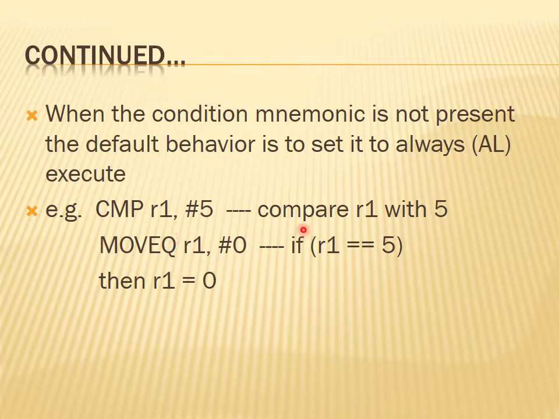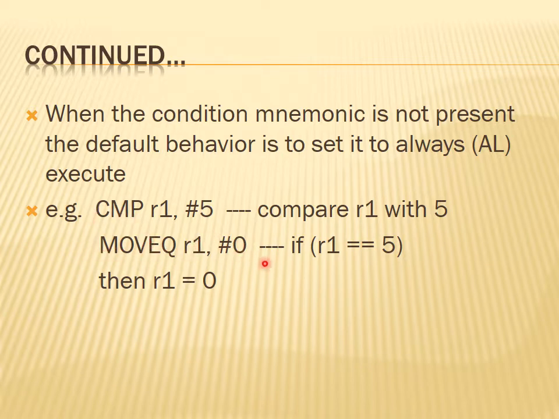First of all, the contents of R1 will be compared with the number 5. If the R1 contents are equal to 5, if both are matching, then and only then this instruction gets executed. Means the earlier condition is that the contents of R1 should match with the number 5. If this becomes true, then and only then the 0 will be copied into R1.